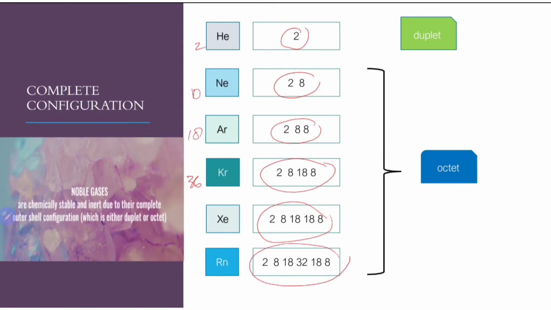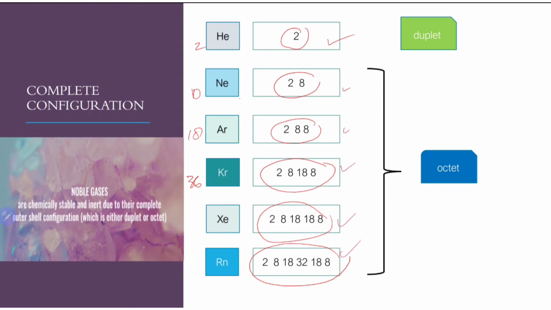If you notice, helium has 2 electrons in the outermost shell, and the rest from neon to radon have 8.